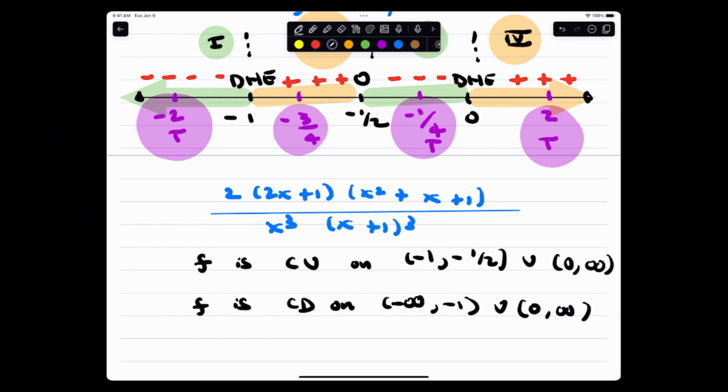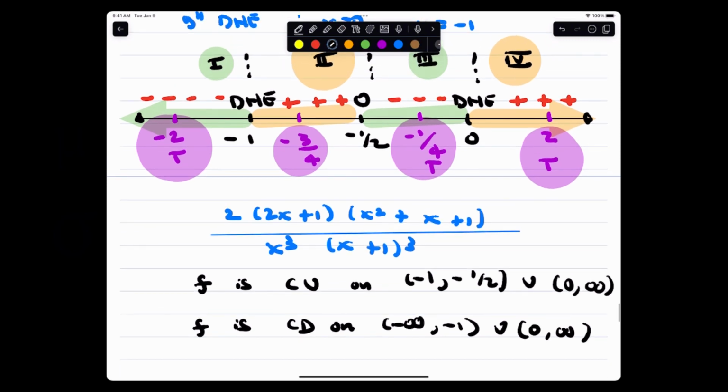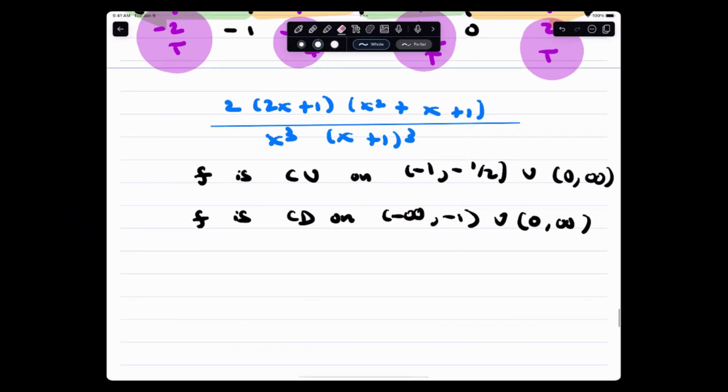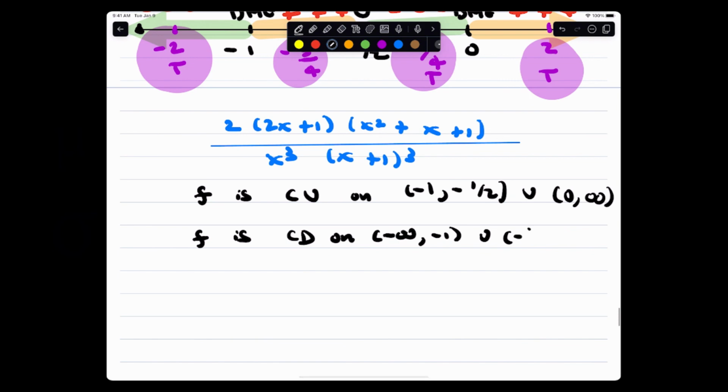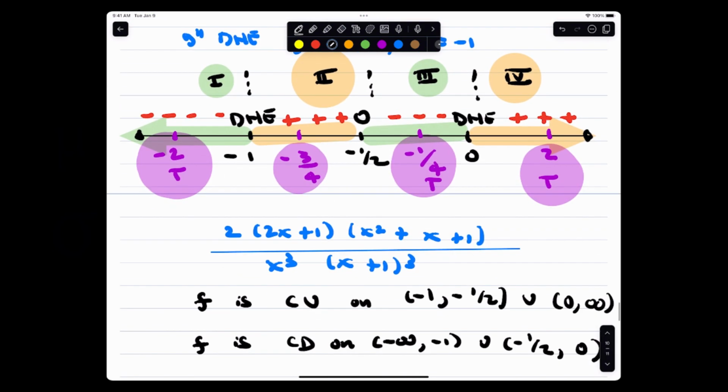Okay. So double check, ladies and gentlemen, you're able to really read this. Negative infinity up to -1, -1/2. Oh, sorry, -1/2 up to what? 0. We're looking at concave down. Sorry, I got a meeting to think about. So negative infinity up to -1 union -1/2 up to 0.